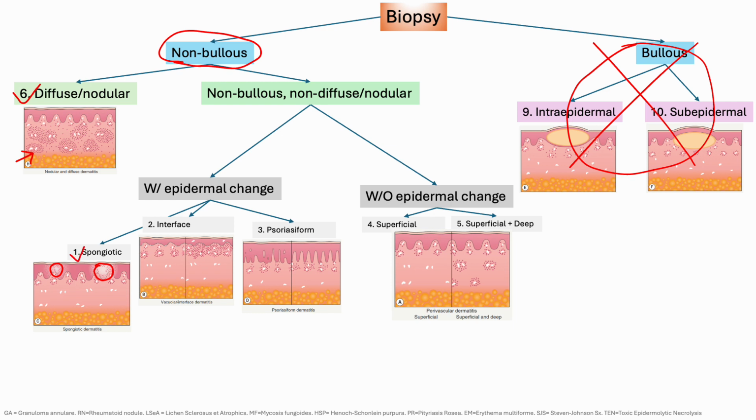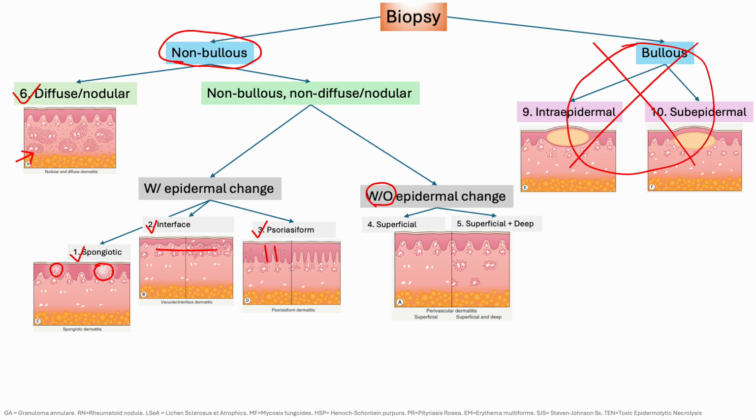And if the inflammatory cells are mainly at the dermal-epidermal junction, as shown here, we call this interface dermatitis, pattern number 2. And if we have an elongation of the rete ridges, as shown here, we call this number 3, psoriasiform dermatitis.